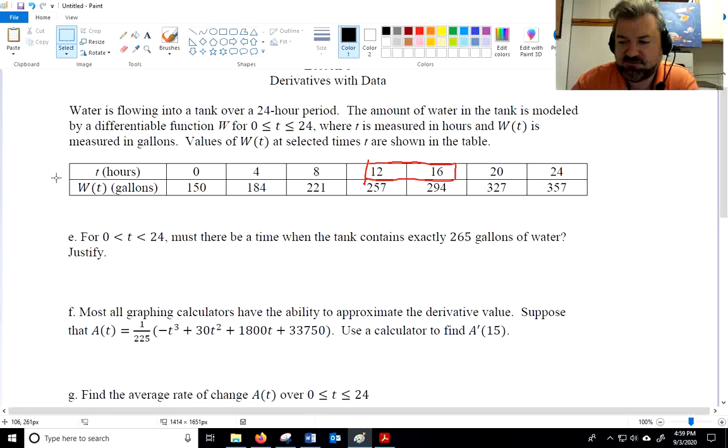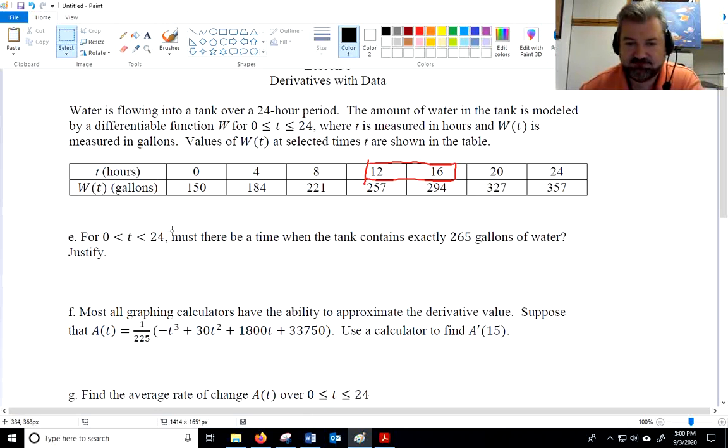Okay, so for 0 less than T less than 24, must there be a time when the tank contains exactly 265 gallons of water? If I look at the table, there were 257 gallons of water at hour 12 and 294 at hour 16. So must there have been a time? Absolutely. So let's do the work properly.